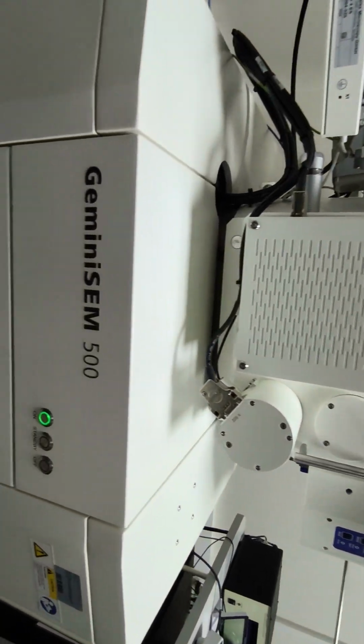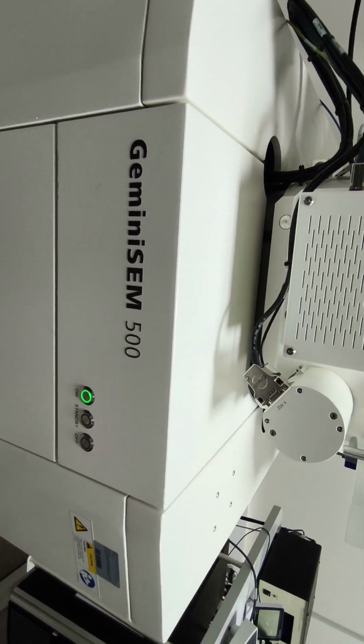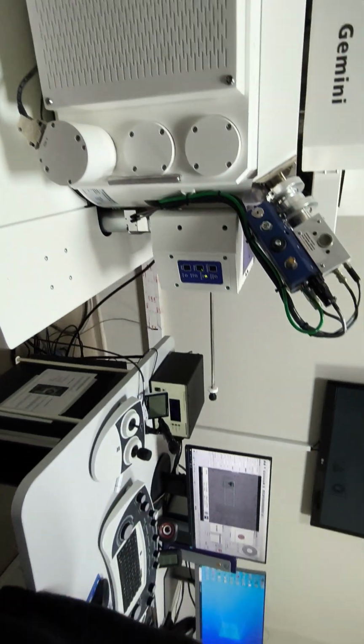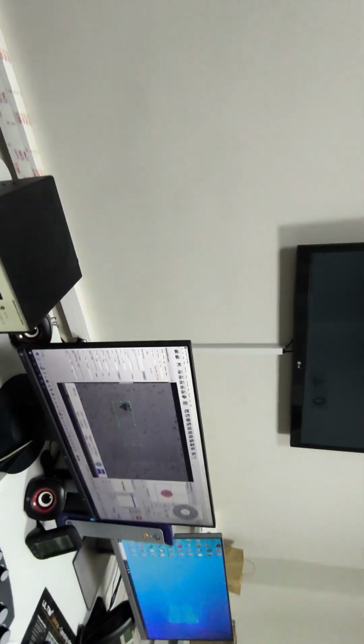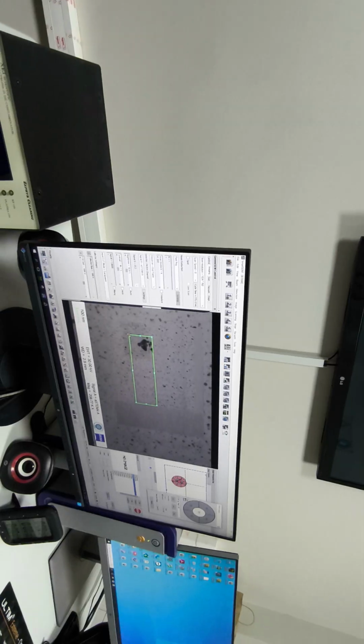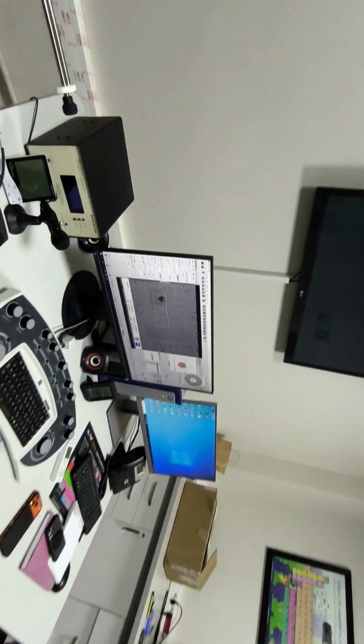On ours, we also have the mapping. We also have the EBSD, if we want to see the crystal distribution inside the sample.